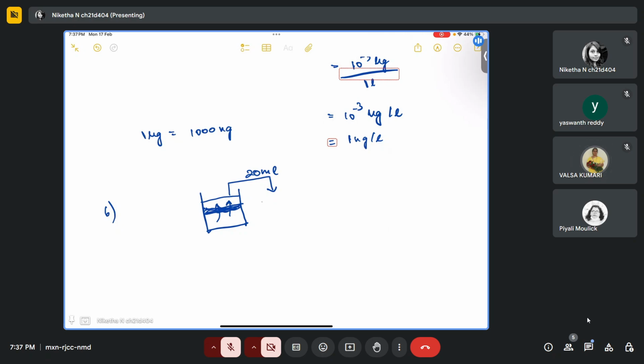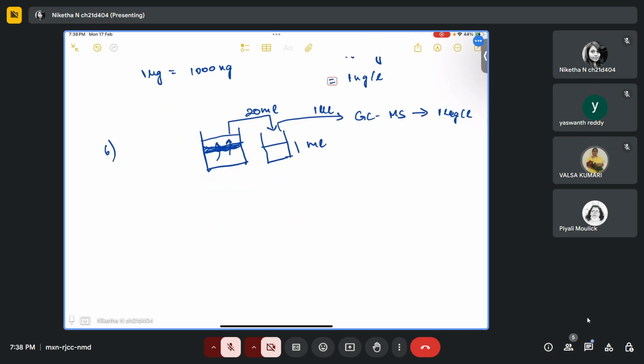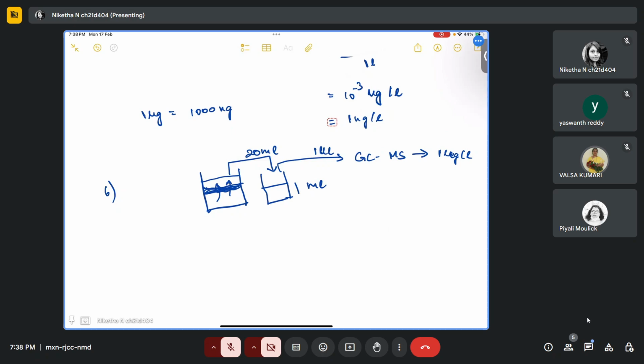Only 20 ml was taken and that was further concentrated to 1 ml by evaporation. And from this 1 ml, 1 microliter was taken and it was analyzed using a GCMS. And the concentration was obtained as 1 microgram per liter. Understood?